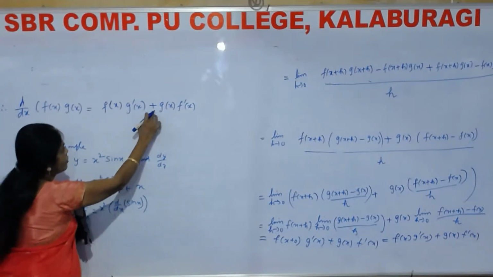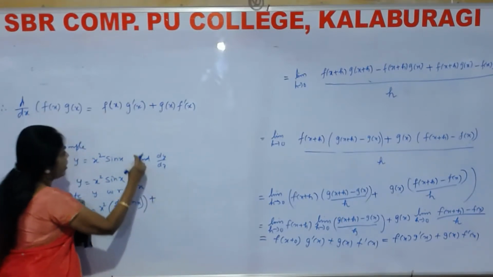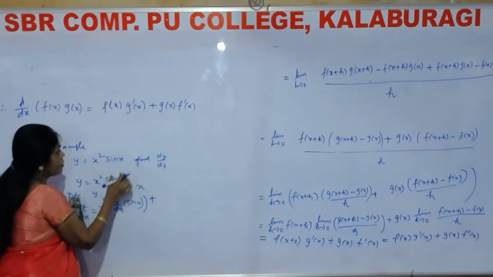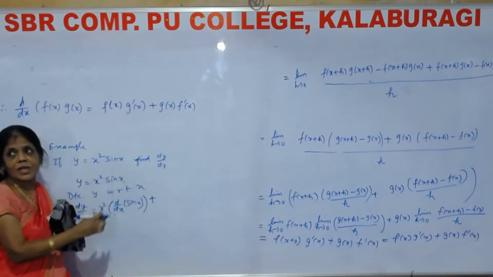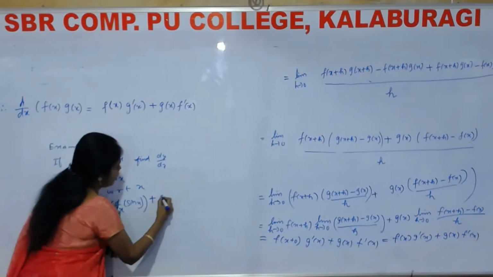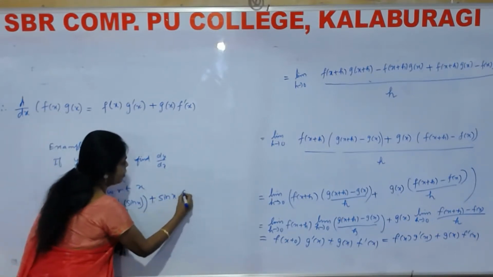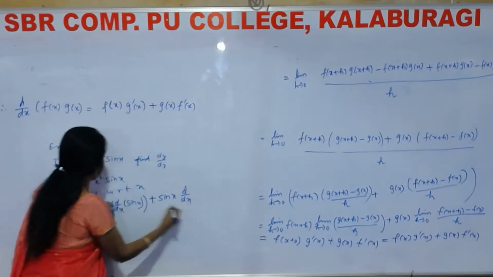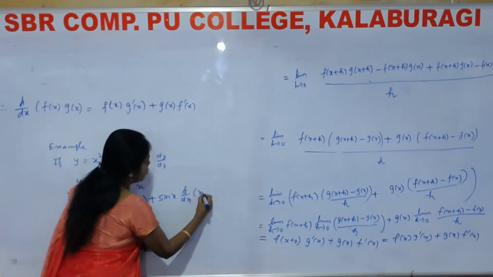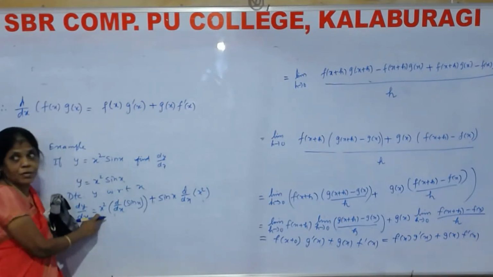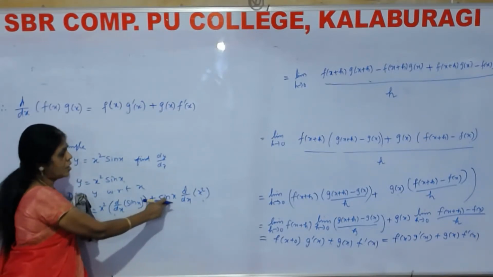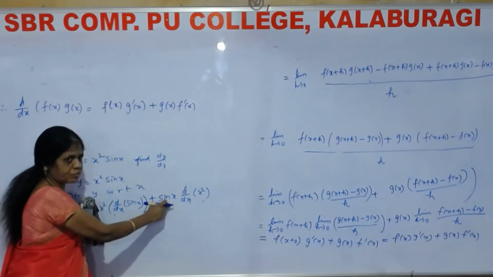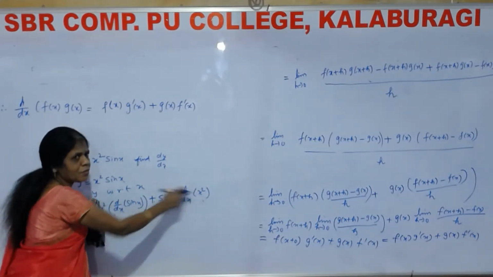So in between, what sign is there? Plus. And the first variable should be written as it is, x squared, and you have to differentiate the second variable. Plus, keeping the second variable the same, sin x, and differentiate the first variable, d by dx of x squared.